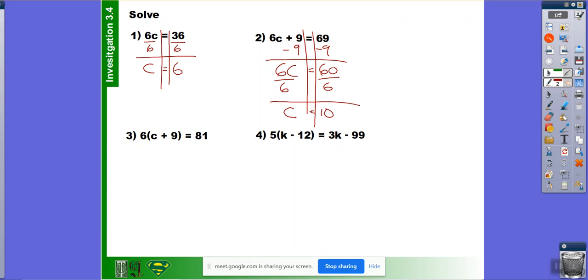Volunteer or no? Preferably a volunteer, but not necessarily. It's your choice. Okay. Grayson Manuel. So what I did is I divided both sides by 6.